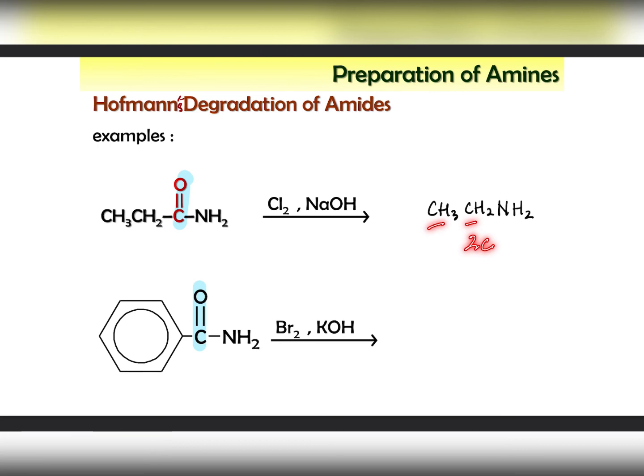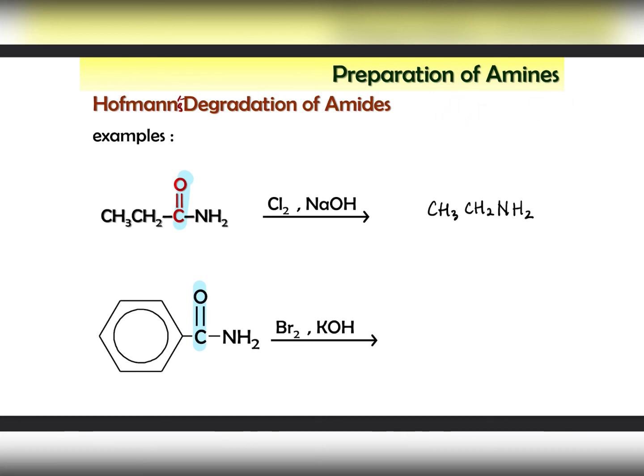Okay, so kalau soalan sintesis yang melibatkan pengurangan bilangan carbon, you can use this Hofmann degradation ataupun you can also use iodoform. Okay, iodoform punya reaction. So itu je yang boleh mengurangkan bilangan number of carbon.